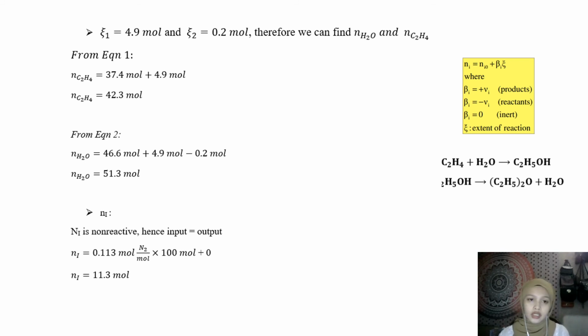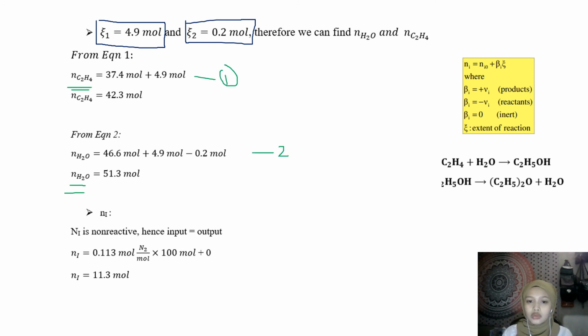So from the previous calculation, we get the value of extent of reaction 1 and also the value of extent of reaction 2. Now we can proceed with our calculation by finding the number of mole of the ethylene and the number of mole of the water by inserting both values into equation 1 and equation 2 from the previous slide.